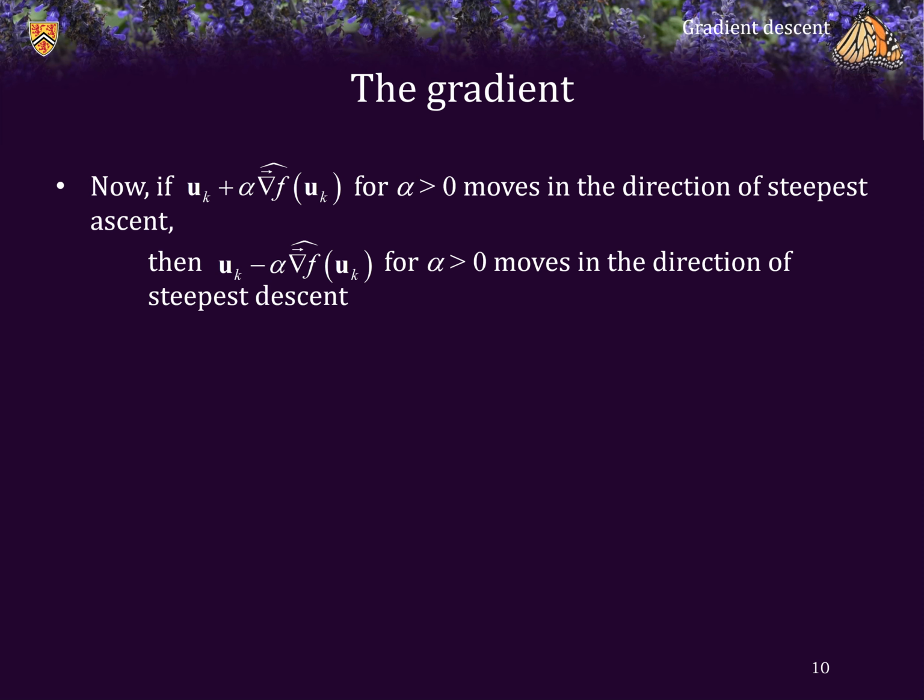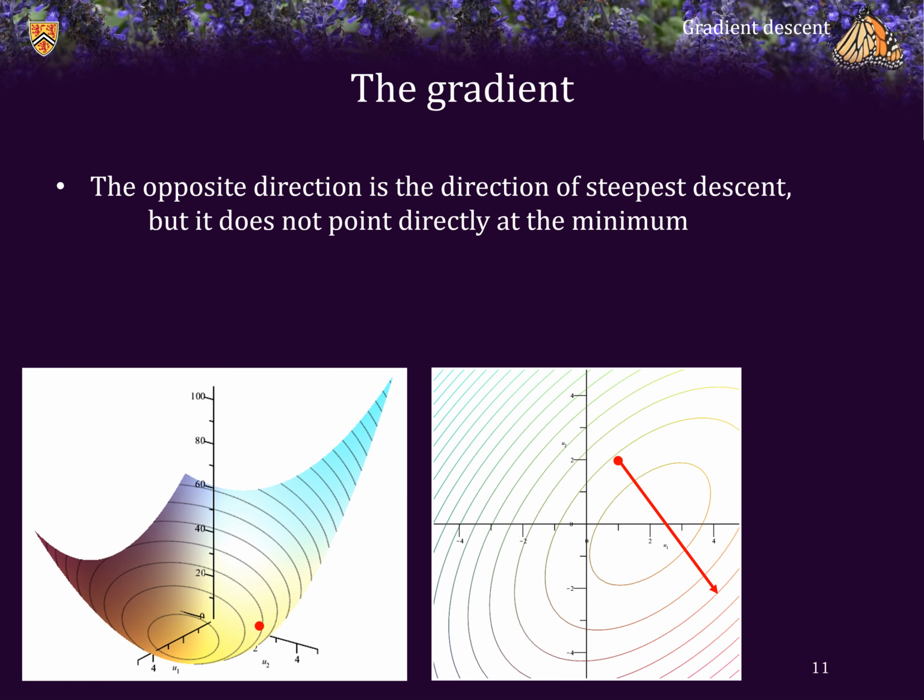However, we're looking for a minimum, and therefore, u sub k minus alpha times the normalized gradient vector for alpha greater than 0 moves us in the direction of steepest descent. So the opposite direction of the gradient is the direction of steepest descent.